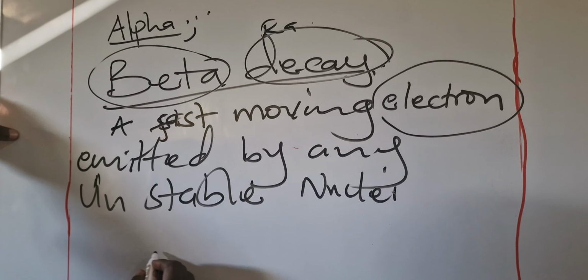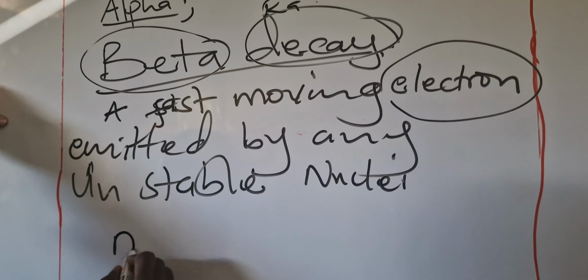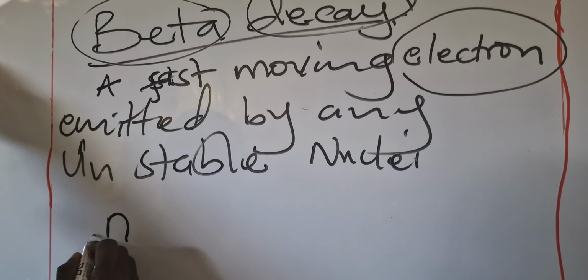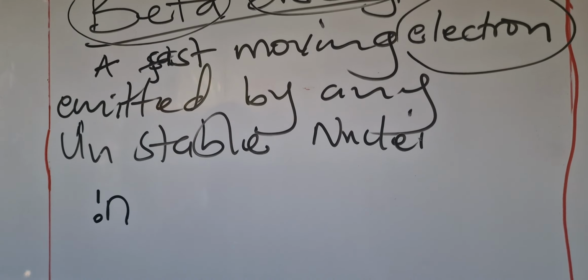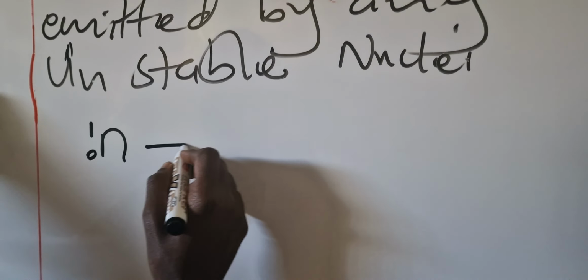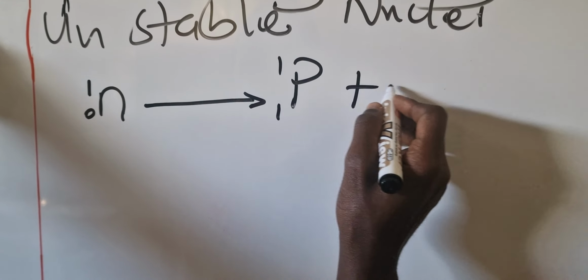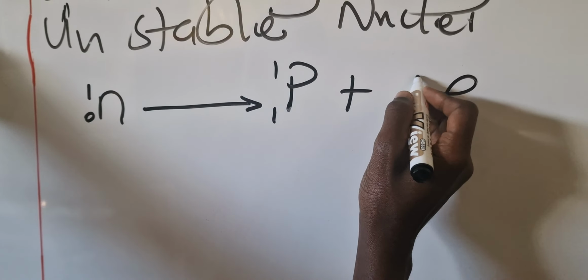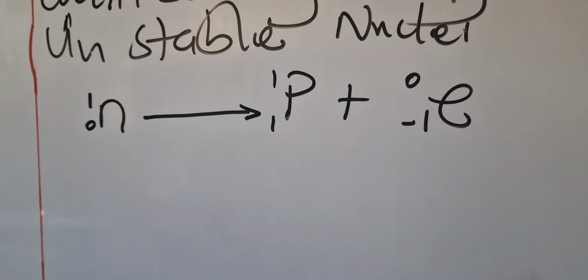it will always involve one of the neutrons of that atom inside its nucleus being converted to a proton. This is what we are always going to call a beta decay.